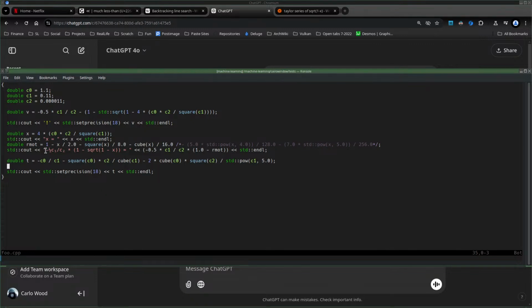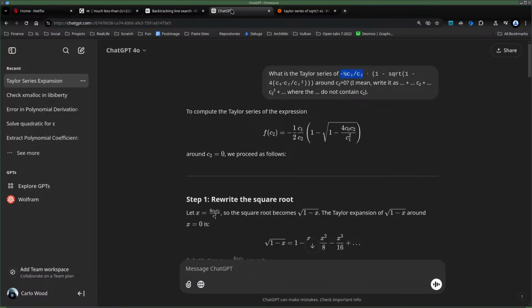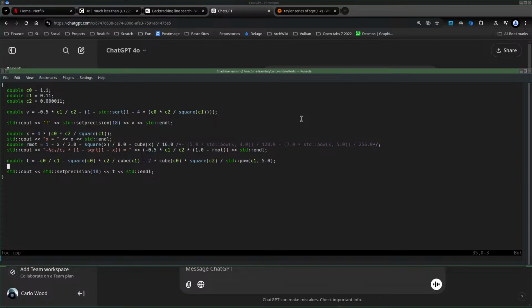Minus a half, C1, divided by C2, minus, minus. Why is there a minus there? Hence we lost just 15 minutes because of the typo there. Yeah, just a multiplication. You moron. This should have been a multiplication.